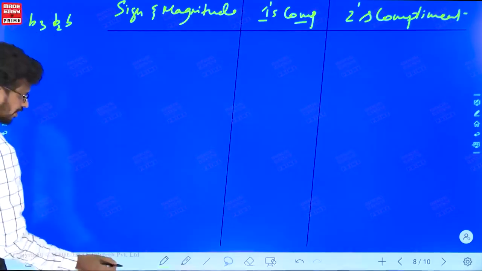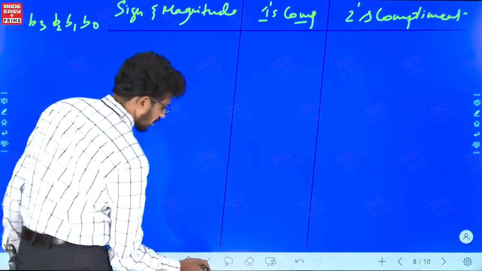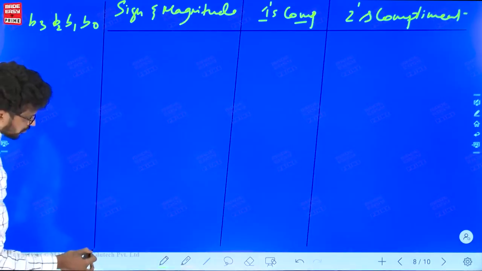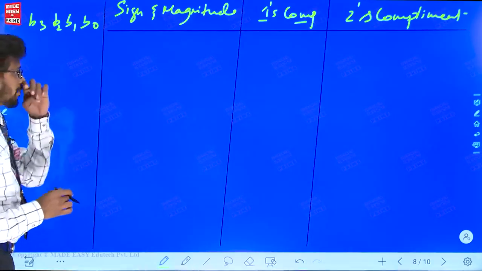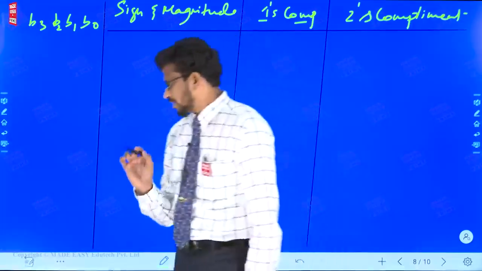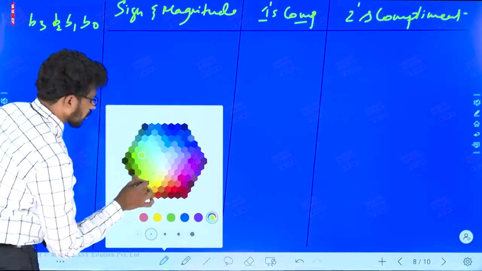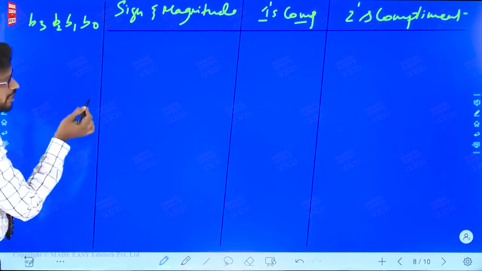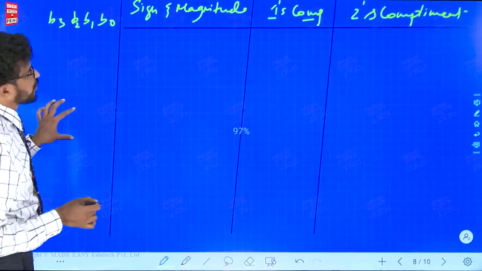Here I am considering some 4-bit data. How is it obtained? Let us see now. As you see, I am coming with positive and negative. How to solve both of them? Nothing to worry, try to understand clearly.